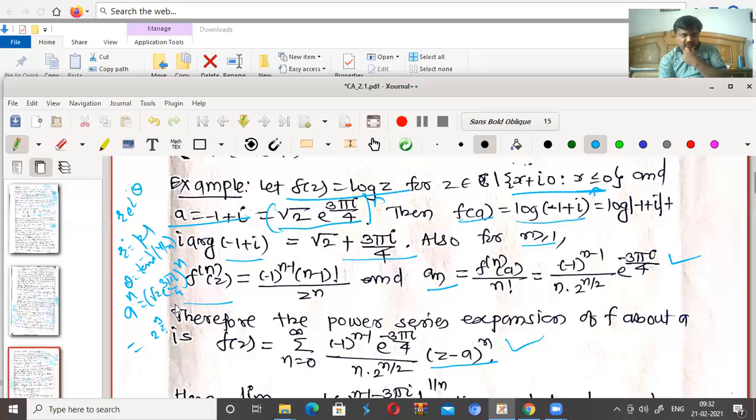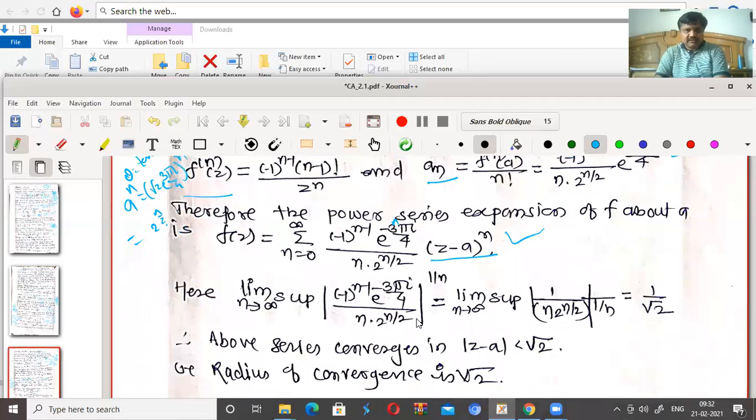So this should be 2 to the power n by 2 into e to the power 3 n pi i by 4. It should be 3n pi i by 4. Okay, it is like that.